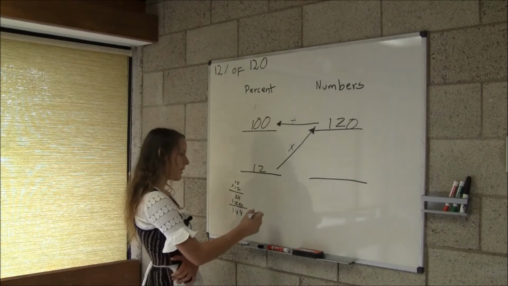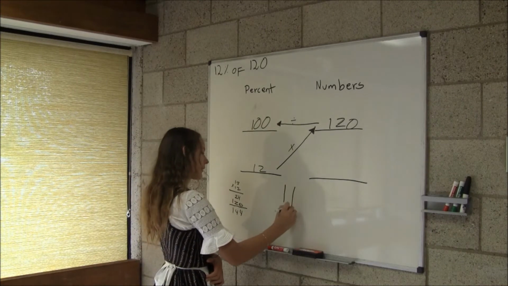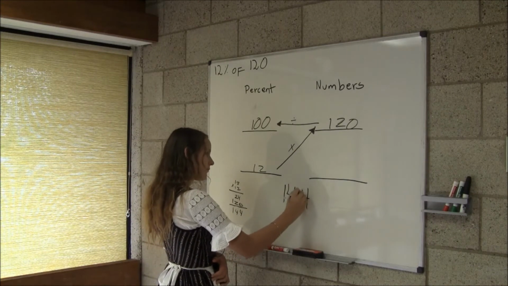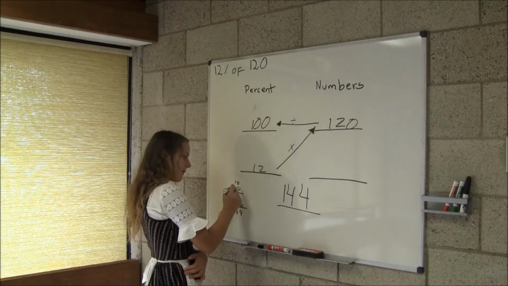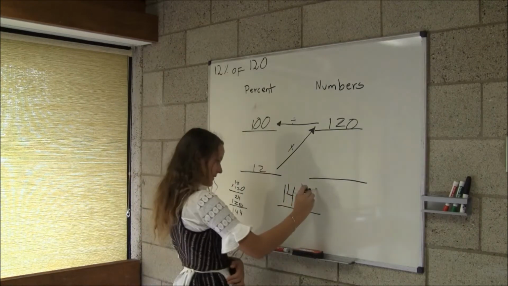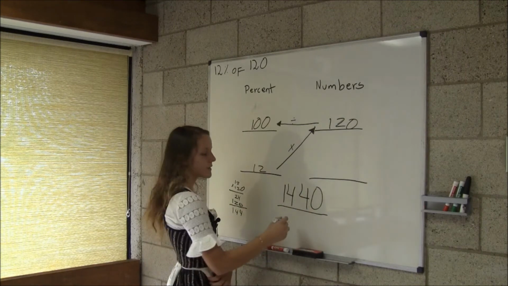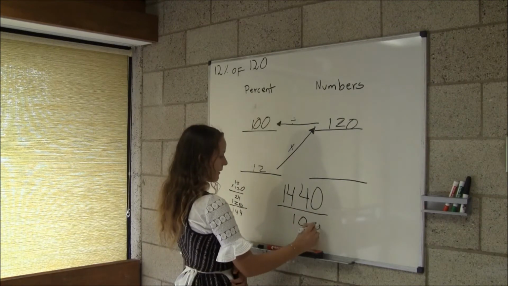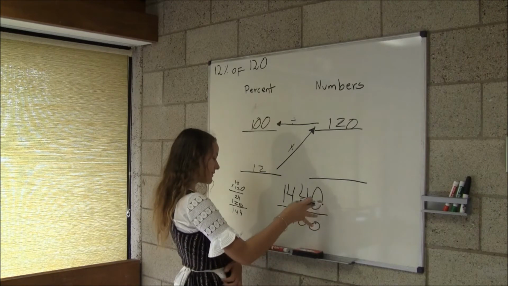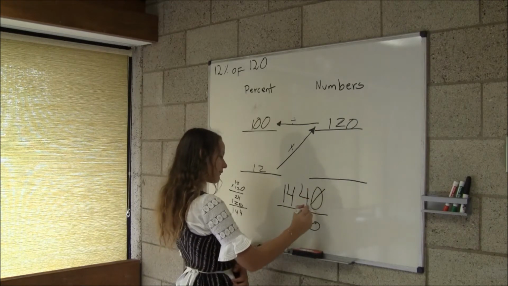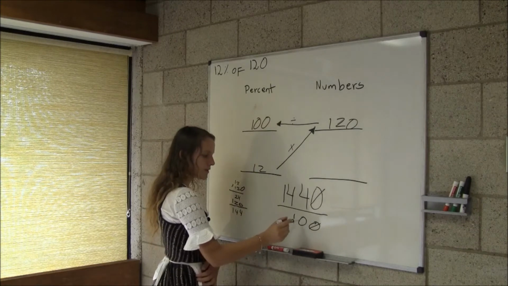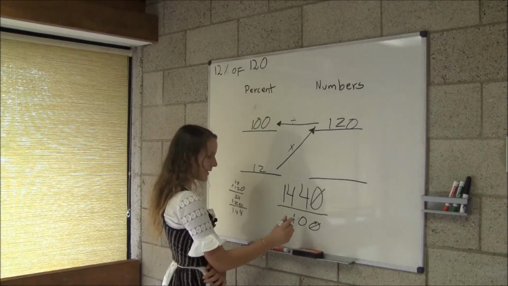So now we have our number 144. Since we forgot about this 0 right here, we need to add in the 0 for our final product. So now we have to write down 100 to divide by. Since these two have zeros, we can cross out this 0 and this 0. Now this 0 will also count as a decimal.